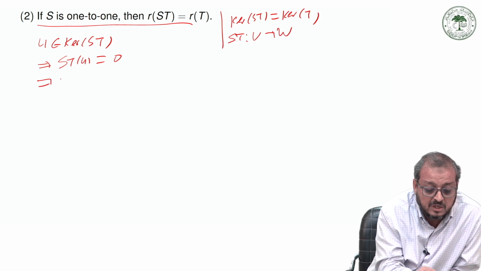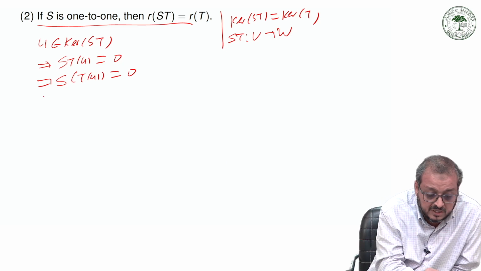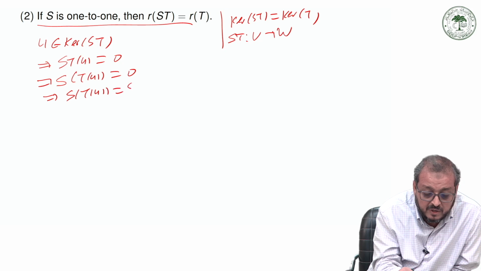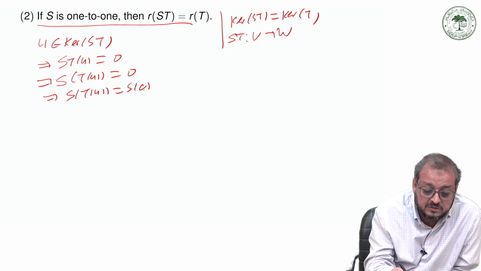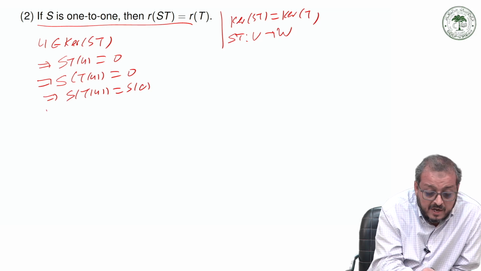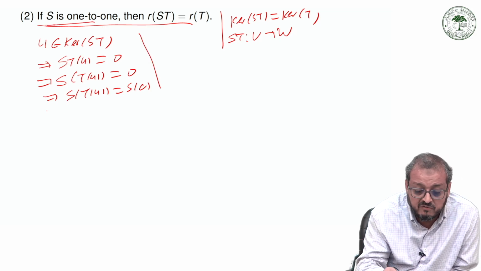Now, by using the composition map property, S of T of u is equal to 0. This can be written in the form S of T of u is equal to S of 0, because S of the zero map is equal to 0. Now S is one-one. You know that S is one-one means S of u is equal to S of v implies that u is equal to v.